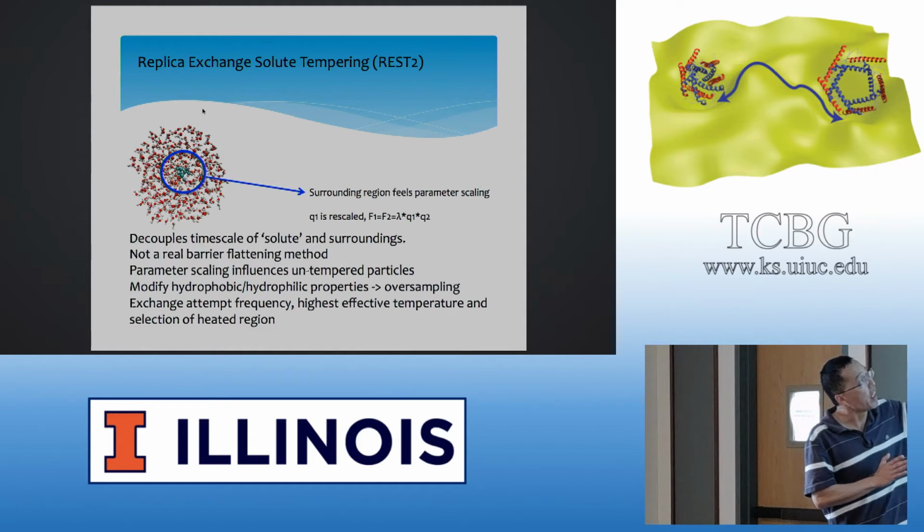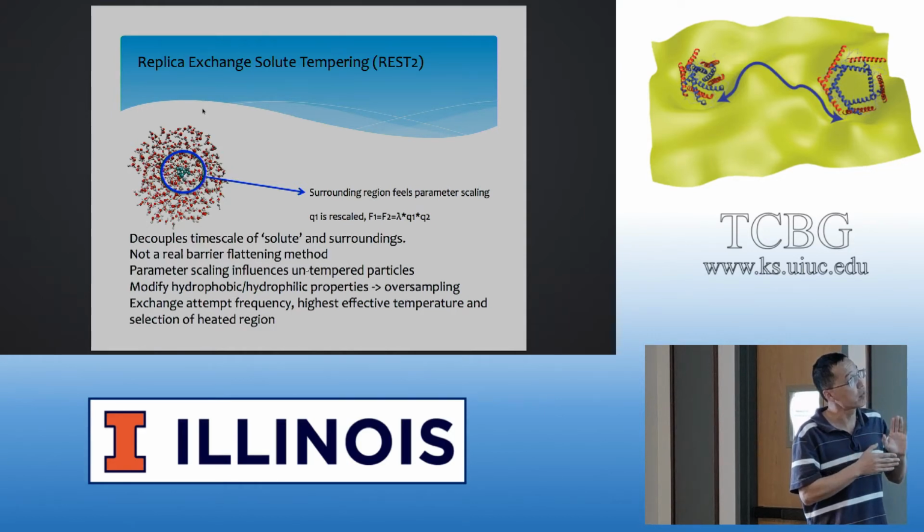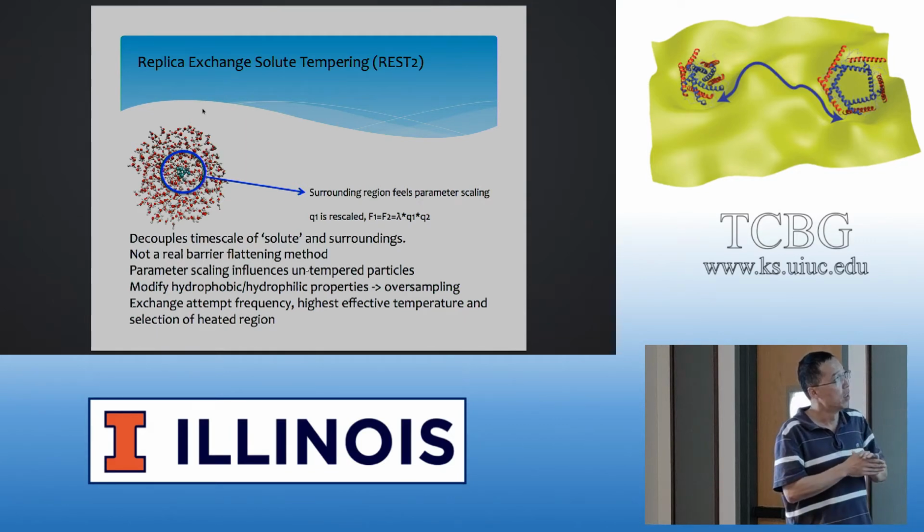But here I give some deeper insight about REST2. REST2 basically only scales the parameters of the solute. But the surrounding region also feels this kind of parameter scaling. For example, if the electrostatic interaction is scaled for two charges, charge 1 is on the solute, charge 2 is on the solvent.